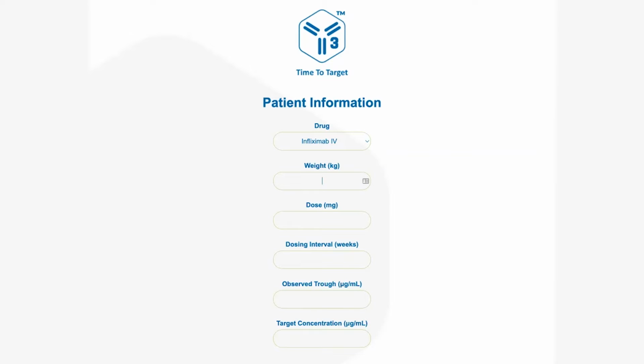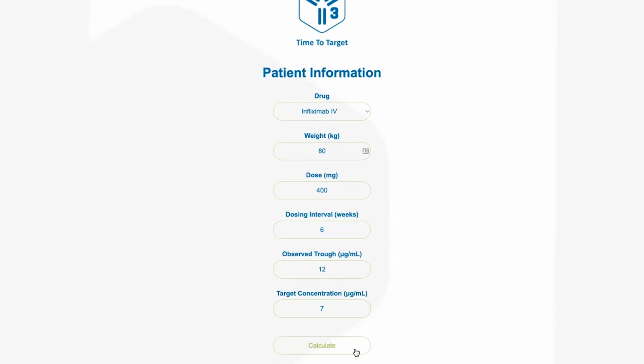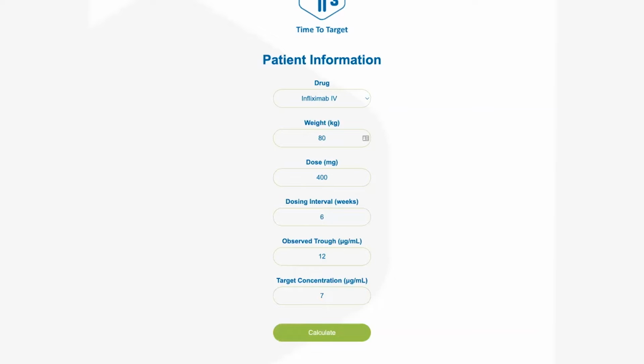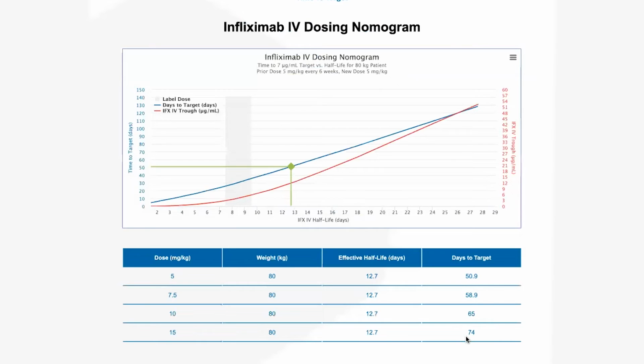And so if we take a patient who weighs, for example, 80 kilograms, and their dose is 400 milligrams, and they're getting dosed every 6 weeks, and their observed trough is 12, and we decide that they could go to a lower value, such as a 7 microgram per mil trough, which is still considered appropriate, we should be able to go to a longer dosing interval for some of these different doses here.